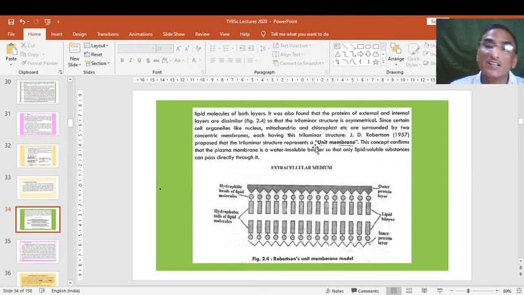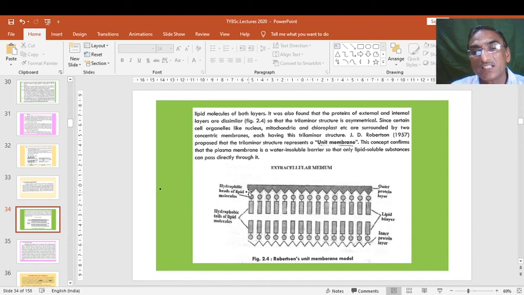We generally call it a unit membrane instead of plasma membrane, because this is not a single one. It is a large membrane and it works with the role of the animal body. This concept confirms that the plasma membrane is a water-soluble barrier, so that only lipid-soluble substances can pass directly through it. This is the extracellular medium and this is the intracellular medium.